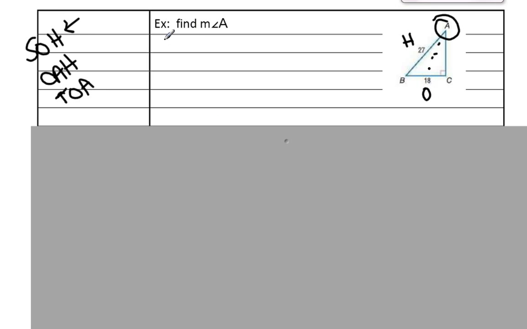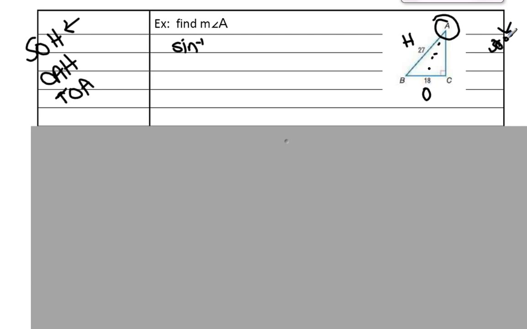Now before we would just set up the sine of your angle equals opposite side over hypotenuse, but since we're finding a missing angle, we do the sine inverse. Just like you have the superscript here of a -1, just like if you have 30 degrees, you have the symbol for degrees.